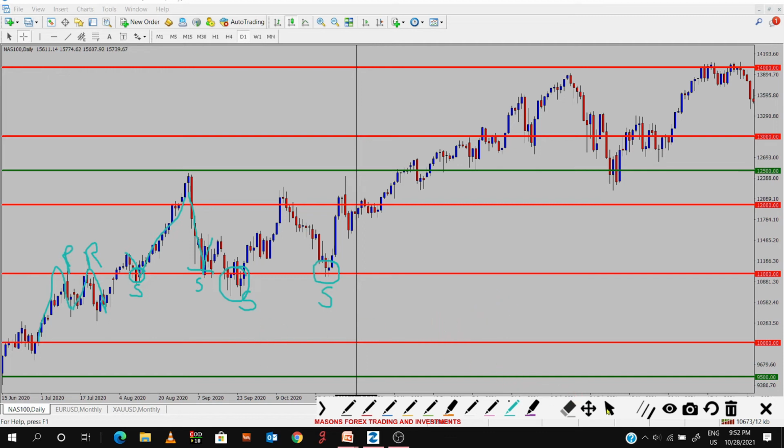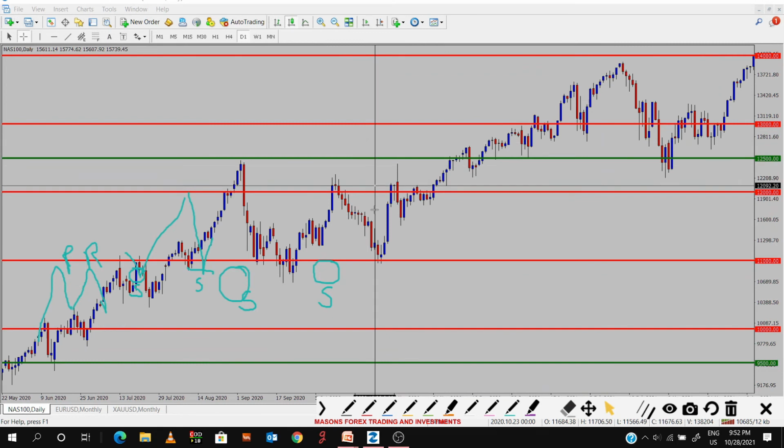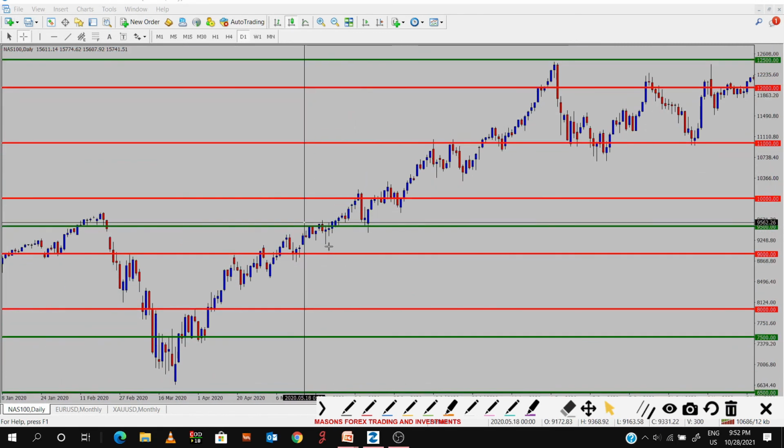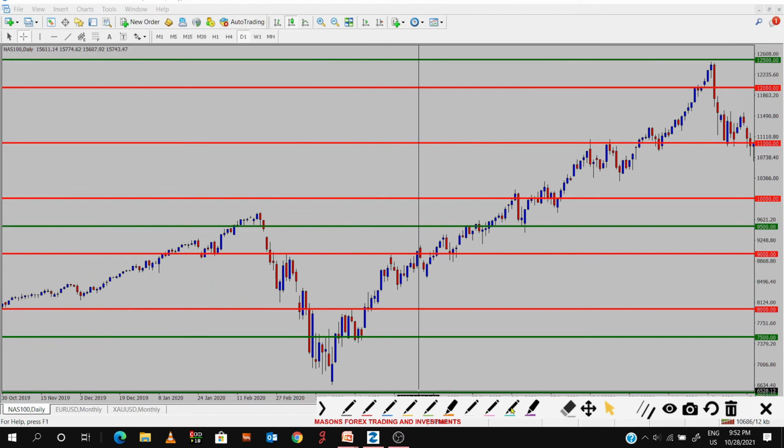Let's look at our 10,000 mark. For the 10,000 mark, we have a resistance point right here. You can see price pushes in, moves away. We have a little congestion here around the 10,000 level.